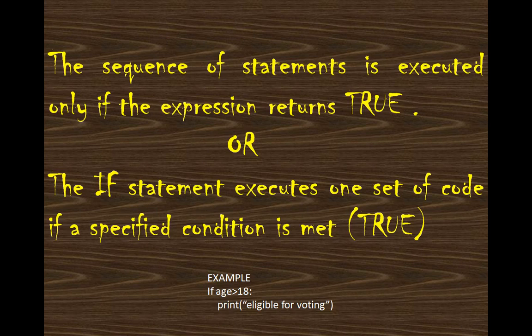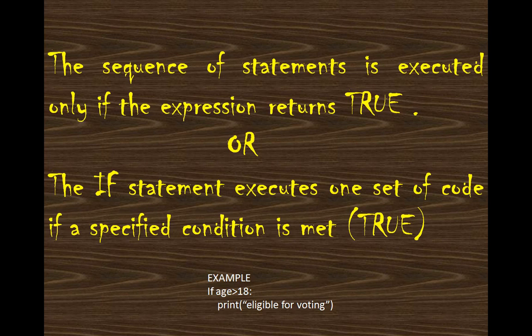That means it will just check if age is greater than 18, and execute that part. If it is not greater than 18, it won't execute. So the sequence of statements is executed only if the expression is true. If the criteria is true, then one set of code is executed, otherwise not.